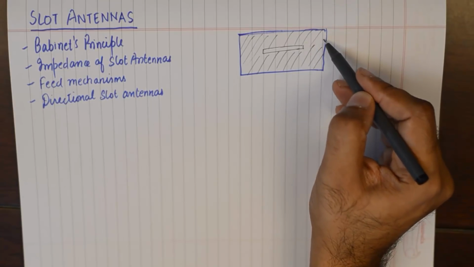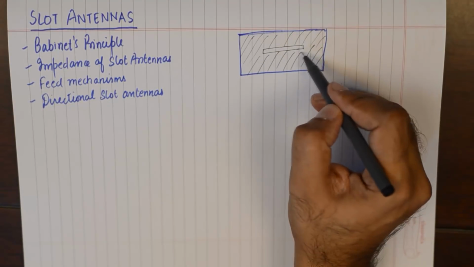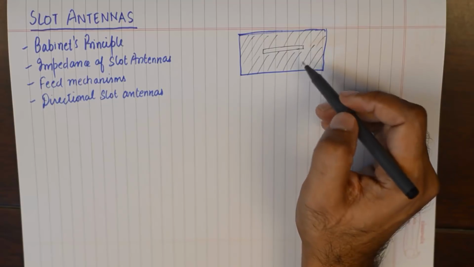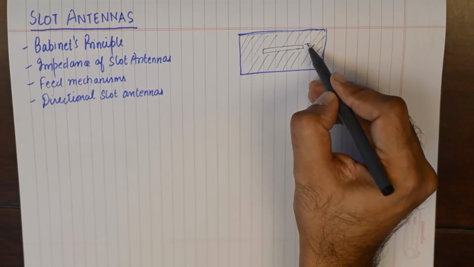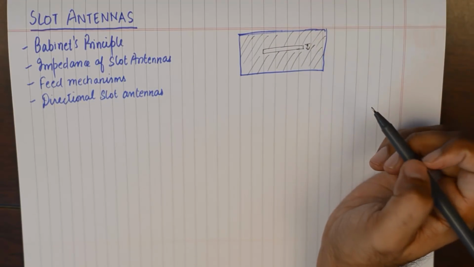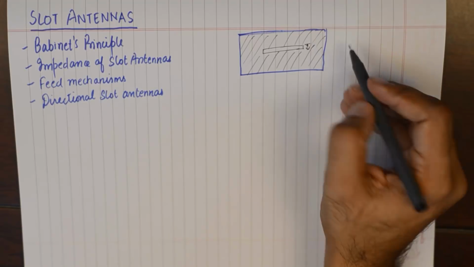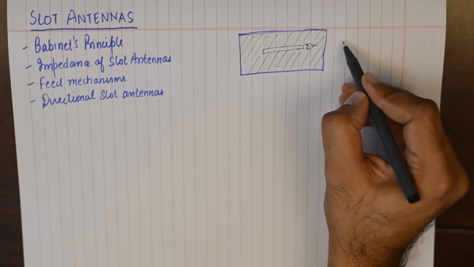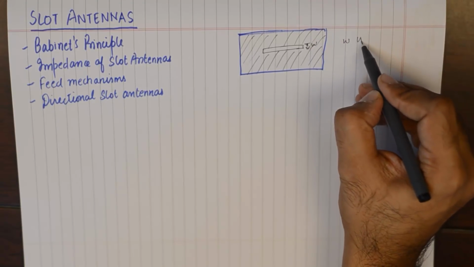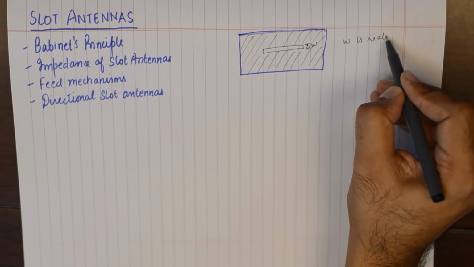Within the sheet of the conductor I've made this opening by cutting the sheet, and I've kept this width, let us say this is W, really small.